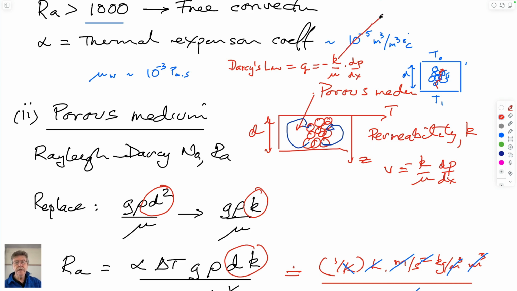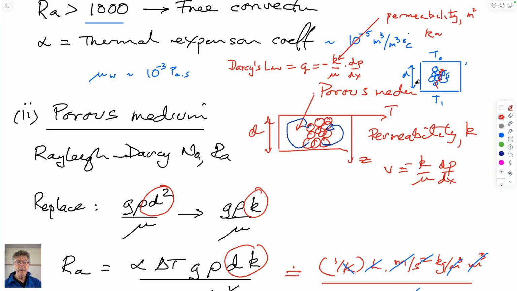This term here is the permeability, and we should know that the units of permeability are length squared. Roughly, the permeability of a medium is approximately equal to the pore diameter squared.